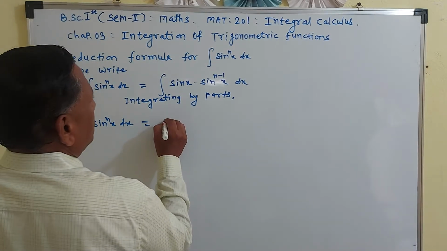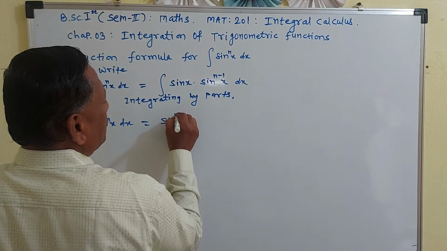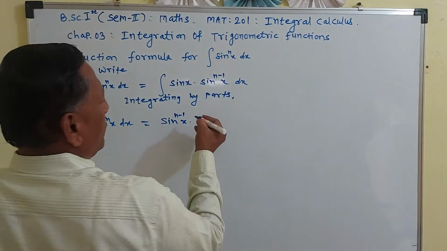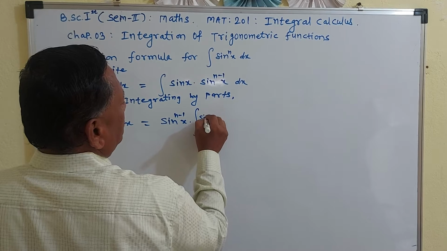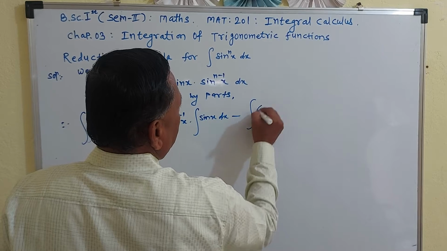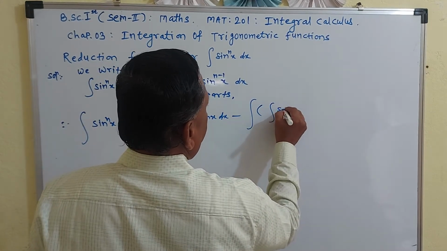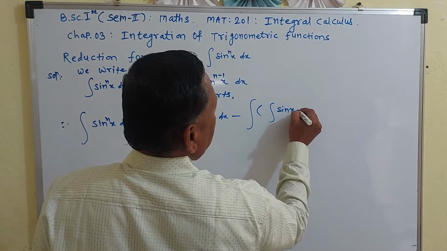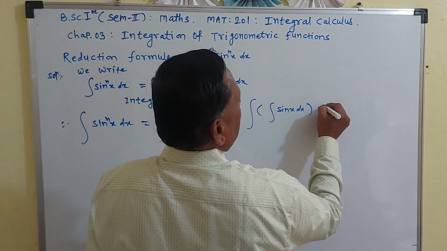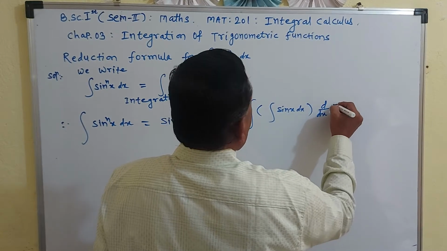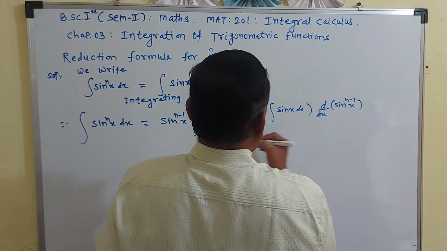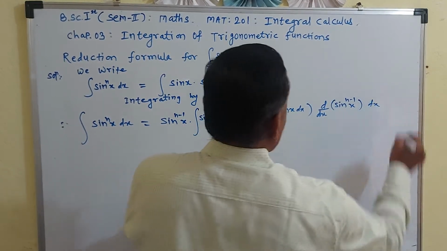So first function sin raised to n minus 1 x into integration of second, means integration of sin x dx, then minus integration of sin x dx into derivative of first, derivative d by dx of sin raised to n minus 1 x, and for this dx.